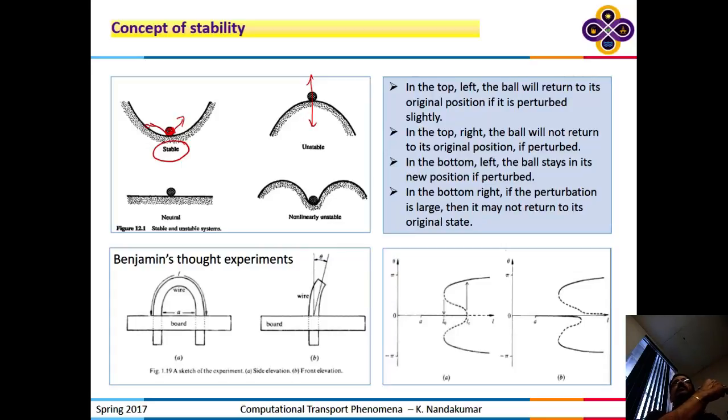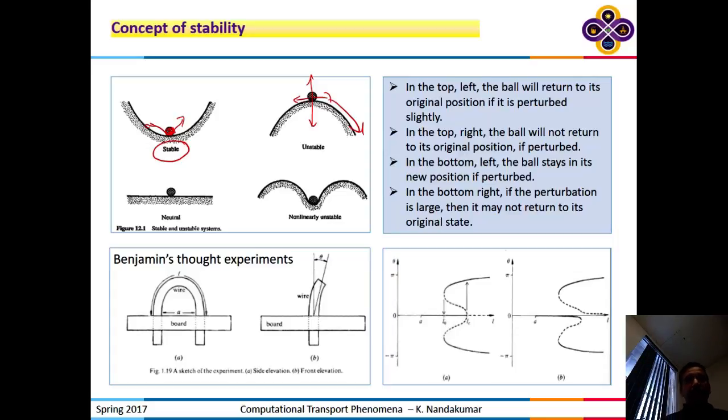Why? All you need is forces to be balanced. The weight is balanced against the upward force. But it is unstable in the sense that the slightest perturbation takes it away from that equilibrium position. The concept of equilibrium is a position that doesn't change with time. And the concept of stability is: if I perturb the system, does it go back to that state or does it go away from that state to a different state?